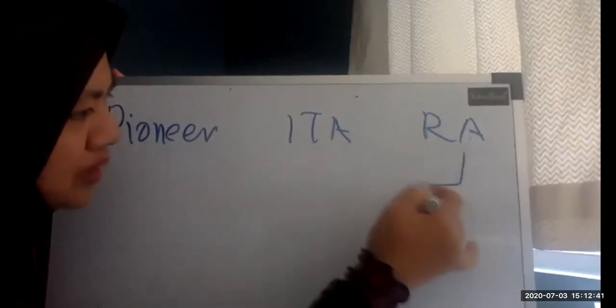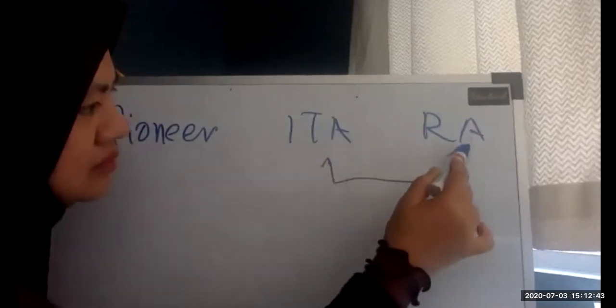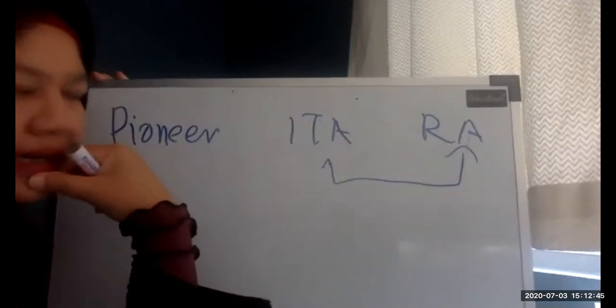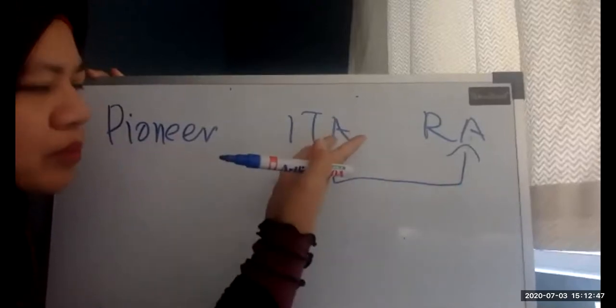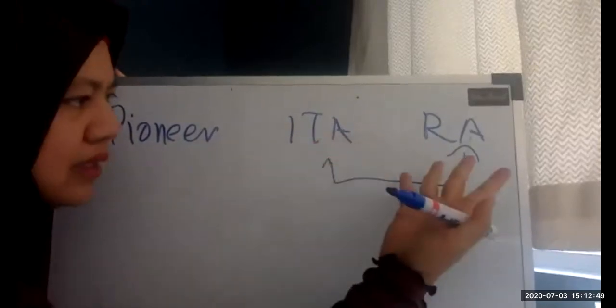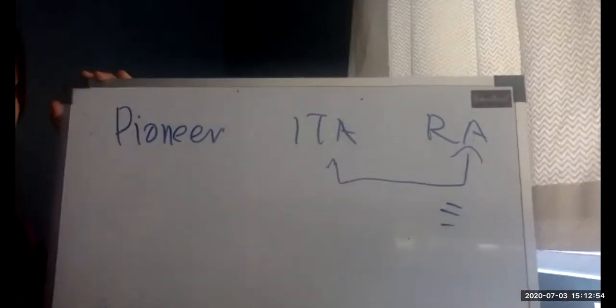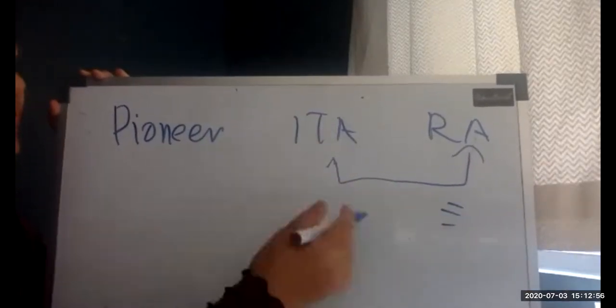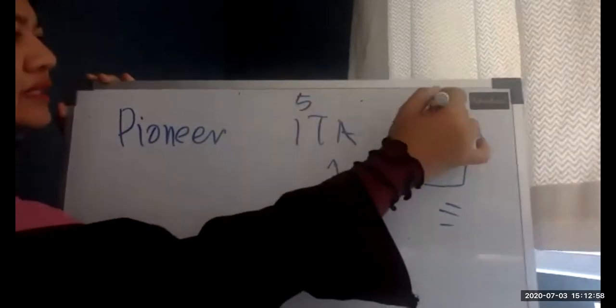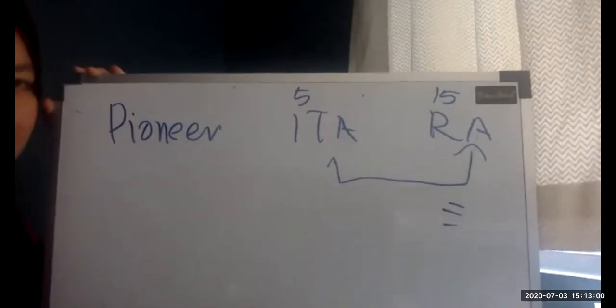Actually, the tax computation of RA is similar between ITA and RA. The difference is that ITA is for promoted product or promoted activity, while RA is for the purpose of modernization, and there are criteria for you to apply for RA. And ITA here is 5 years, here is 15 years.